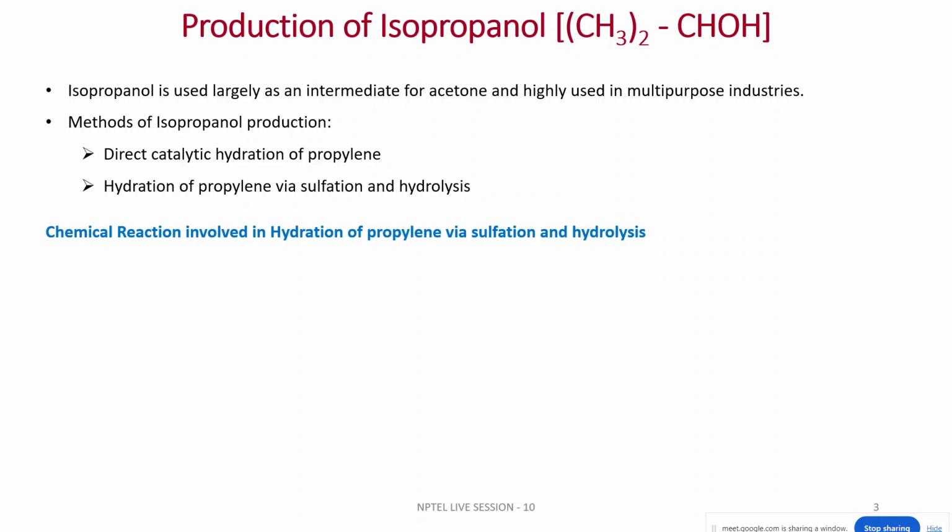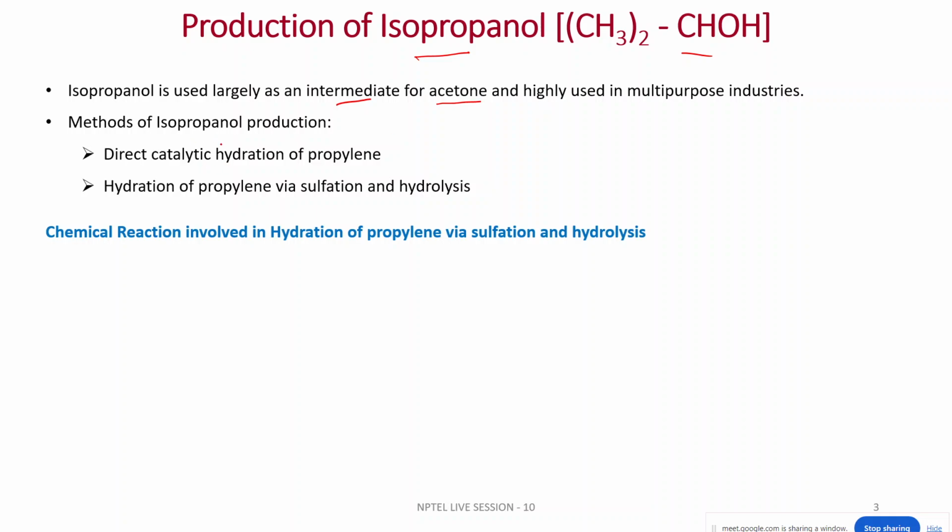First, as a C3 petrochemical product, we will be discussing the production of isopropanol, CH3 whole to CHOH. This is the chemical formula of isopropanol. Isopropanol is hugely used as an intermediate product for acetone and in multipurpose industries.